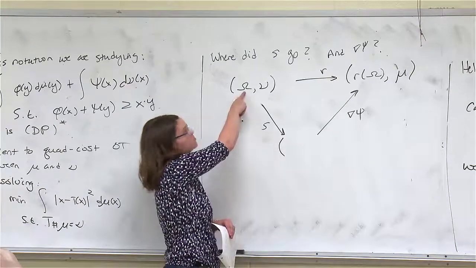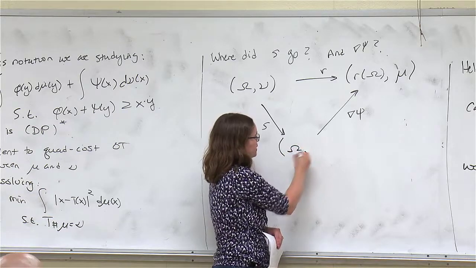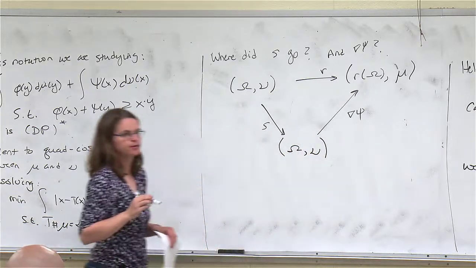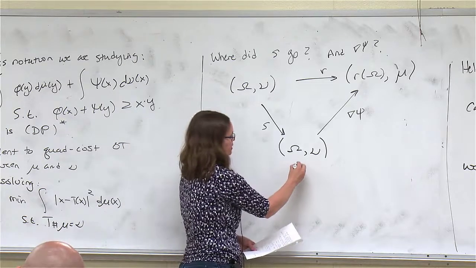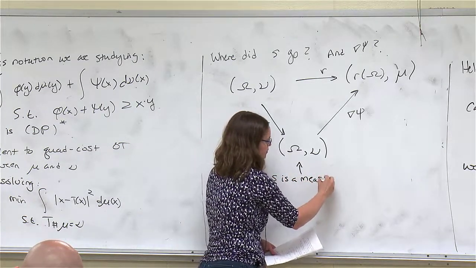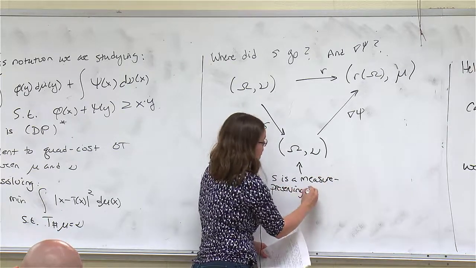S was just a measure-preserving rearrangement of omega, and we still preserve the Lebesgue measure.